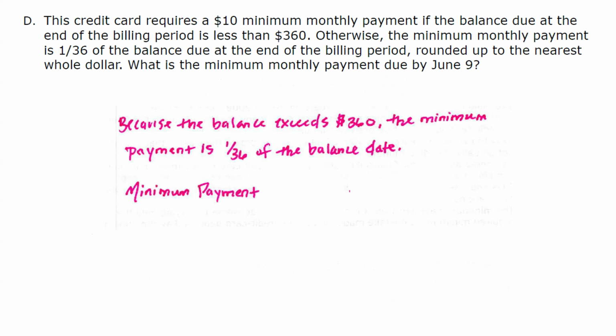Okay, so our minimum payment is going to be our balance due divided by 36. All right, which then gives us a total of $269. So the minimum monthly payment that's going to be due on June 9th is $269.